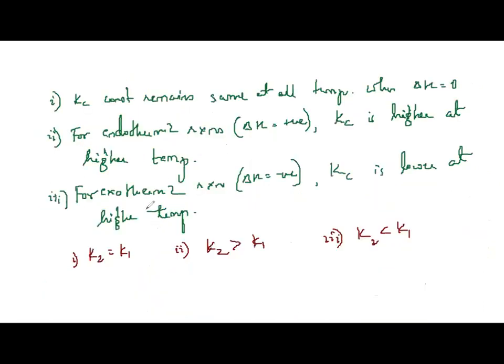So we come to three conclusions. Kc, the equilibrium constant, remains the same at all temperatures when delta H is equal to 0. For endothermic reactions, delta H is positive, Kc is higher at higher temperatures. For exothermic reactions, delta H is negative, Kc is lower at higher temperatures. And these are the three expressions for it.